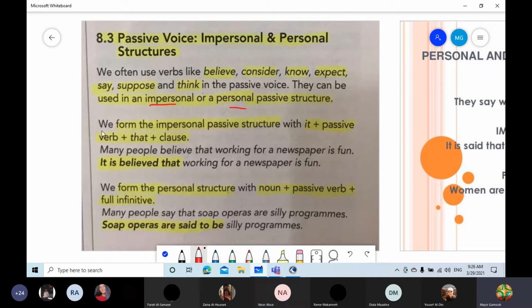All right, let's go back to the first structure, which is forming the impersonal passive. How do I form my impersonal passive sentence? We form the impersonal passive structure with it inserted at the beginning. Why? Because I do not have an object, because I am using an intransitive verb, and with the intransitive verb, we do not have an object.